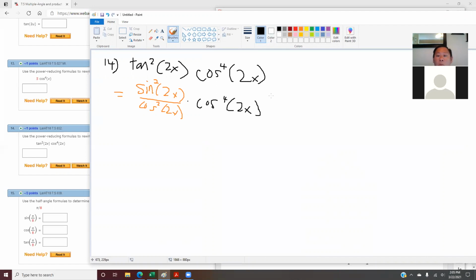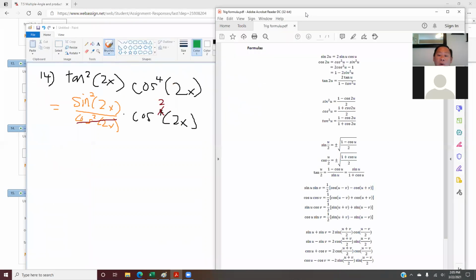What we can do here is cancel, because this is power 2 and this is power 4, so this will become squared. So this is actually sine squared 2x cosine squared 2x. And now we will use the power reducing formula.